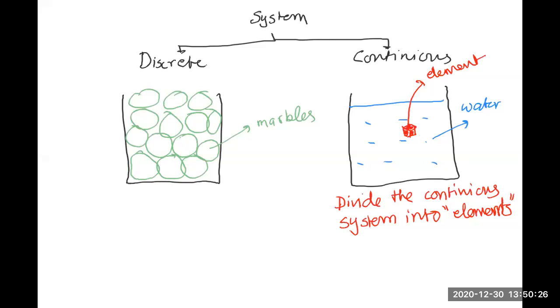So this little red cube that I have drawn has dimensions which are infinitesimally smaller than the dimensions of the glass of water. However, each cube will consist of a very large number of molecules of water. There are 1 lakh to 10 lakh molecules inside this cube.